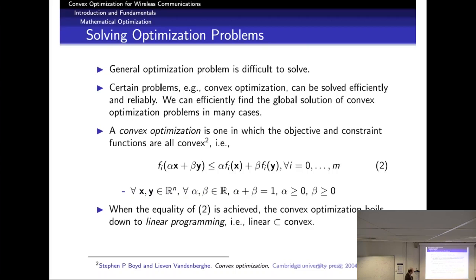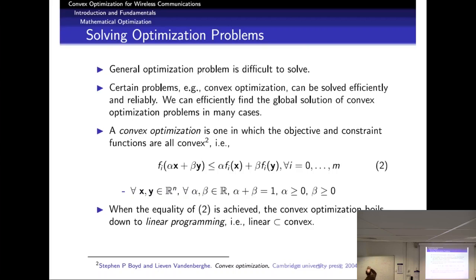If you take any 2 points, x and y, and you take a weighted sum of those 2 points, and you apply a certain function here, that could be your objective function or your constraints, this quantity will always be smaller than applying this function at each of those variables x and y and then weighting them afterwards. So what that means concretely is the following.